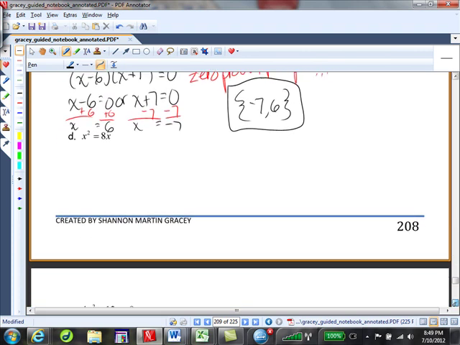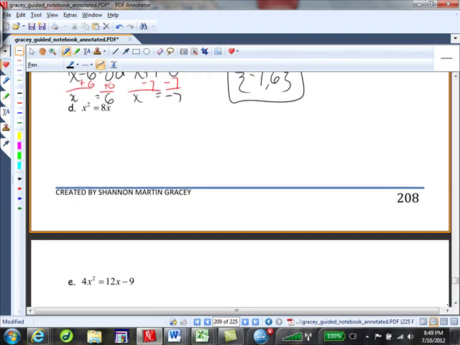Okay, now D, I gotta tell you right off, is a bit of a sucker problem. People want to divide out x's. Don't do it. You need to get 0 on one side. At this point in your math life, just get 0 on one side. That will help you.